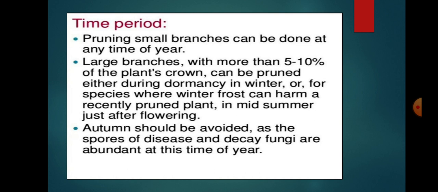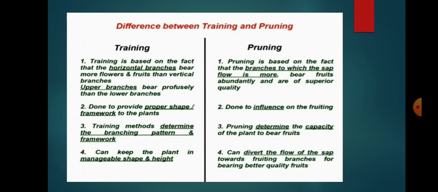They will infect the cut part of the tree and lead to death of the plant, so it is avoided during the rainy season. In the rainy season, pruning is avoided in large branches, and small branches also, it is not good.